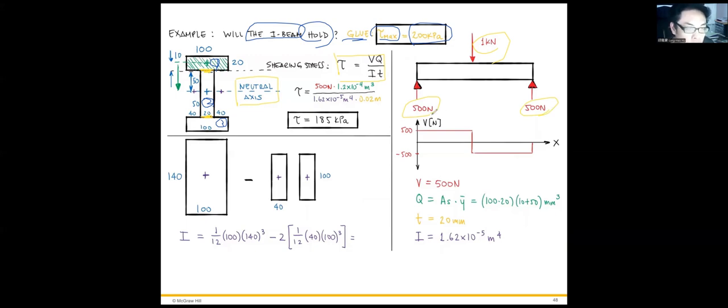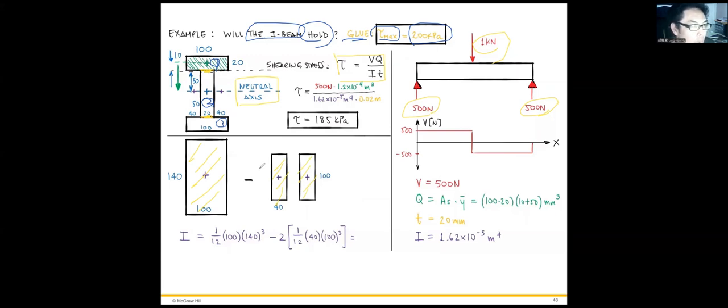This I-beam is composed of 3 parts connected by glue, 1, 2, and 3.